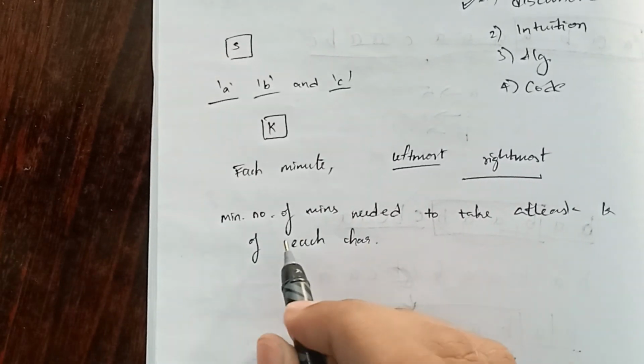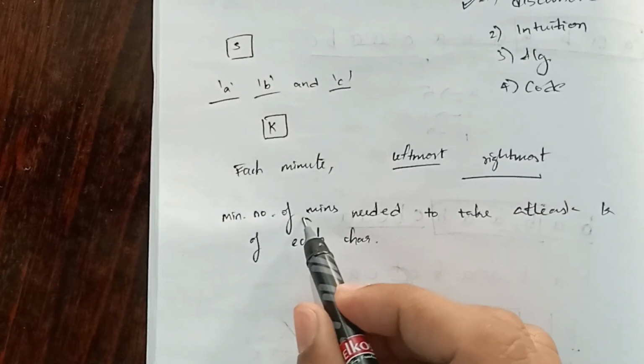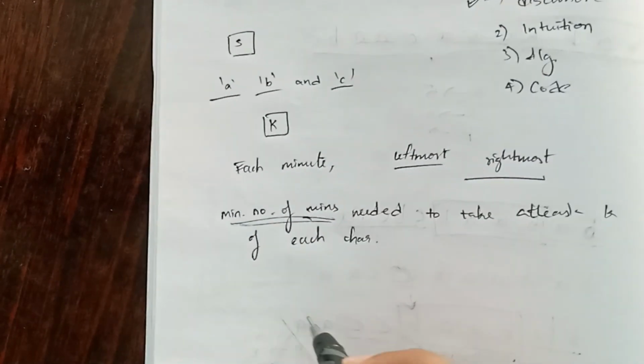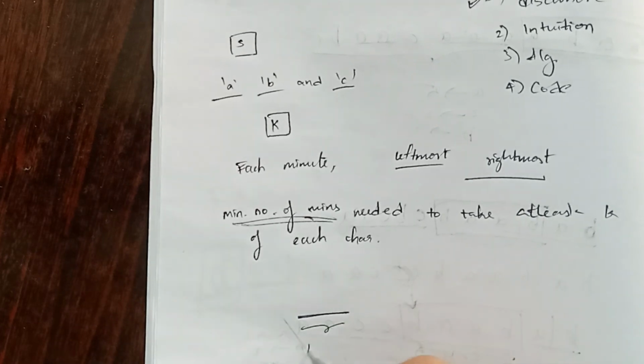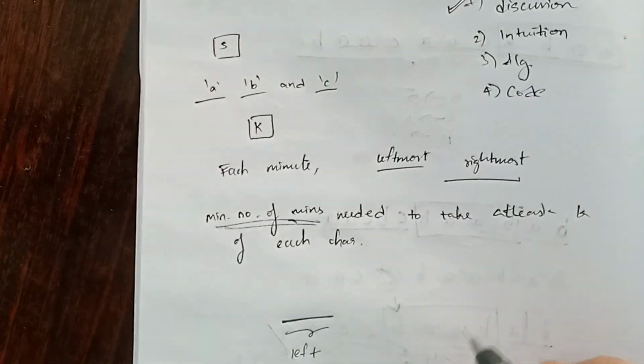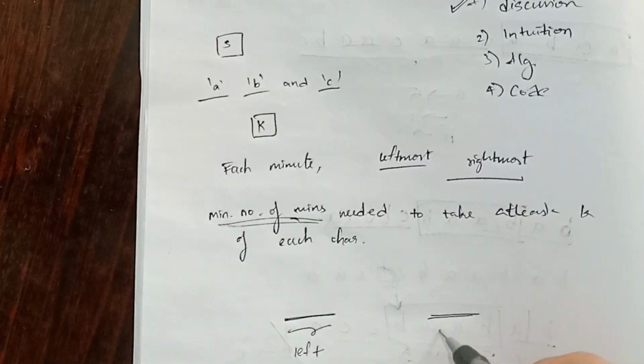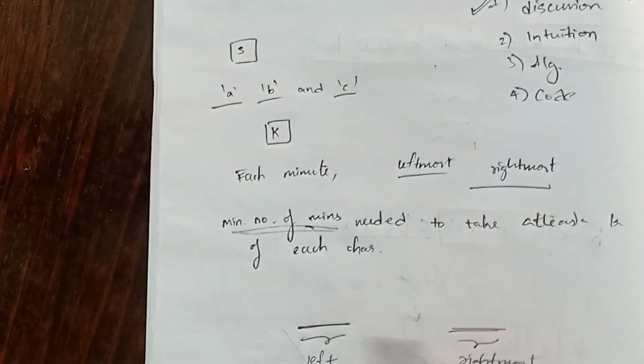That means the number of times we are removing the leftmost characters and the number of characters we are removing from the rightmost of the string.